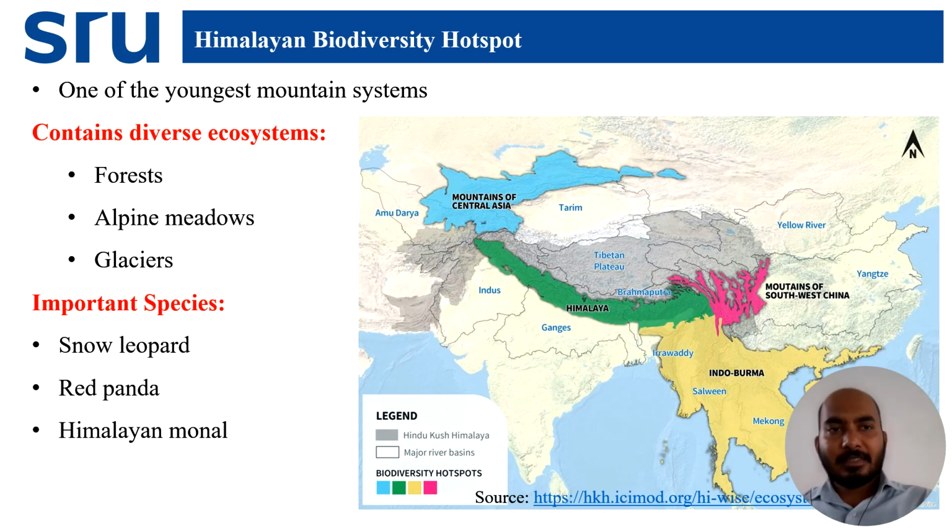The next one is Himalayan biodiversity. The Himalayan hotspot is one of the youngest mountain systems in the world. It contains diverse ecosystems like forests, alpine meadows, glaciers, etc. Important species in the Himalayan biodiversity hotspot are the snow leopard, red panda and Himalayan monal.